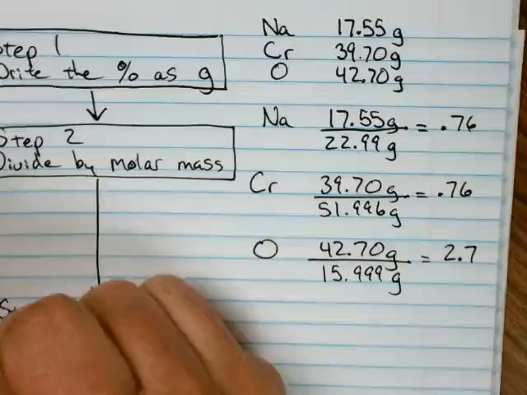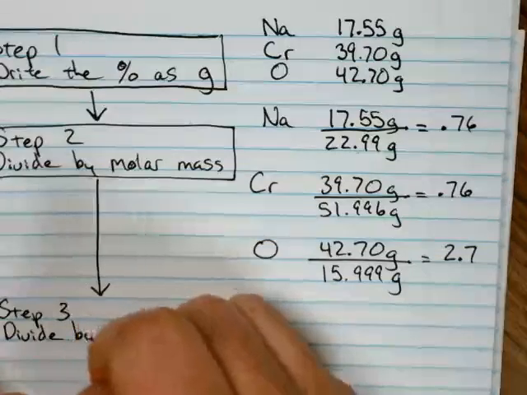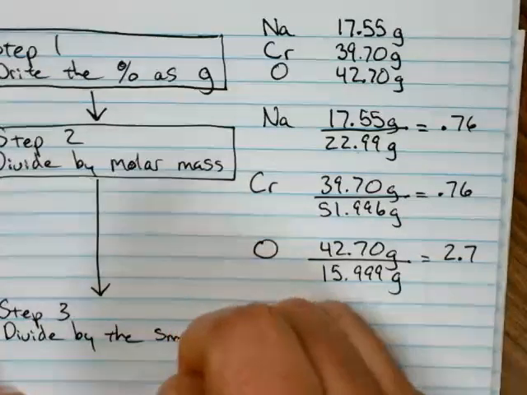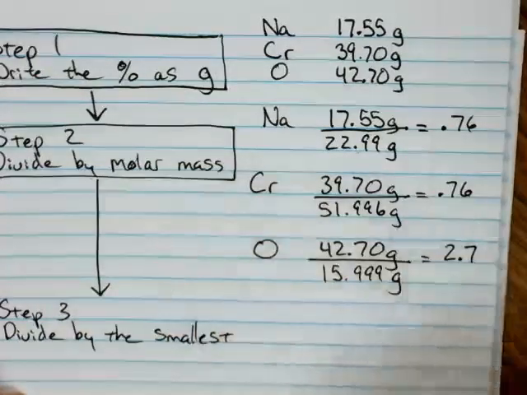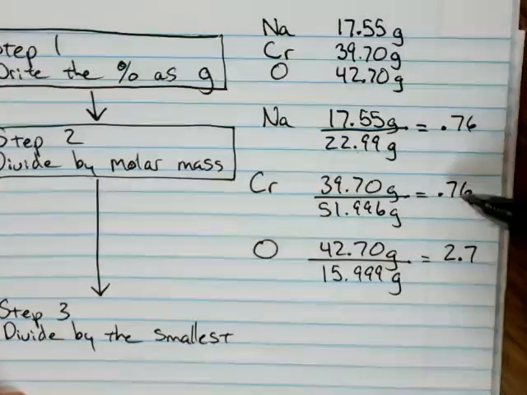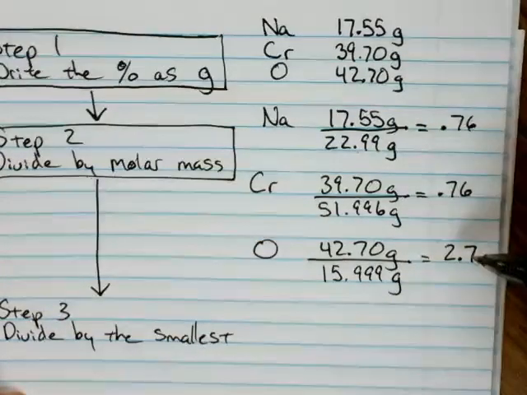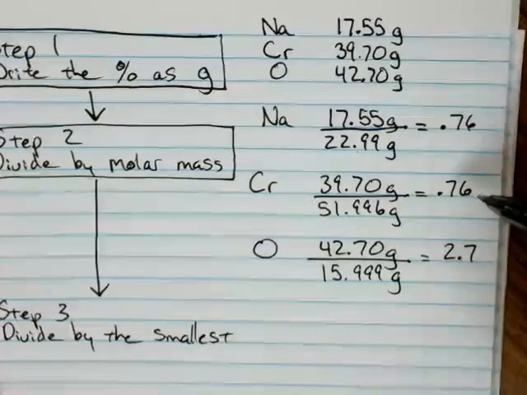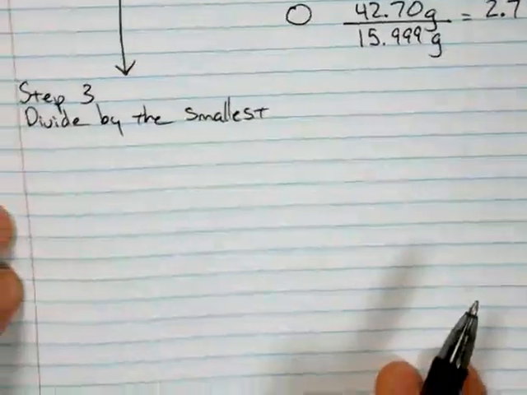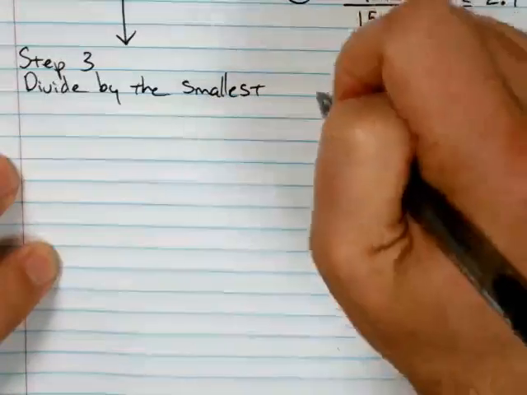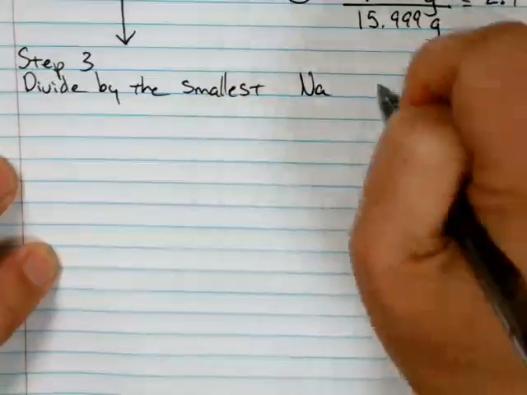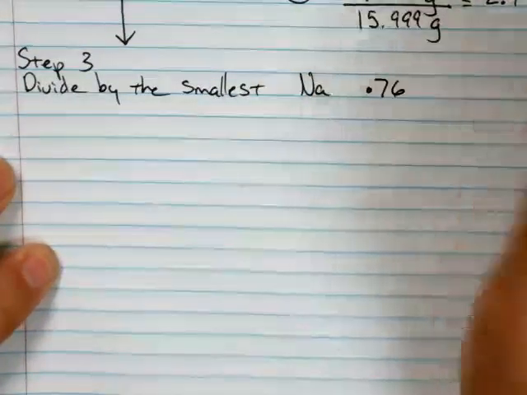Divide by the smallest. I'm going to write it just like that. Divide by the smallest. Perfect. 0.76, 0.76, 2.7, 0.76 is the smallest. Sodium is 0.76.